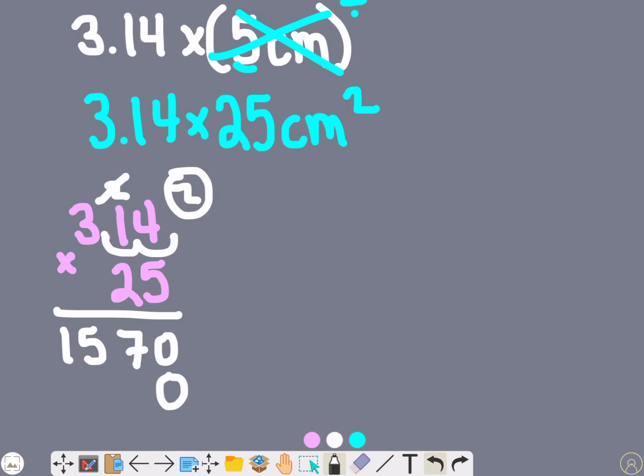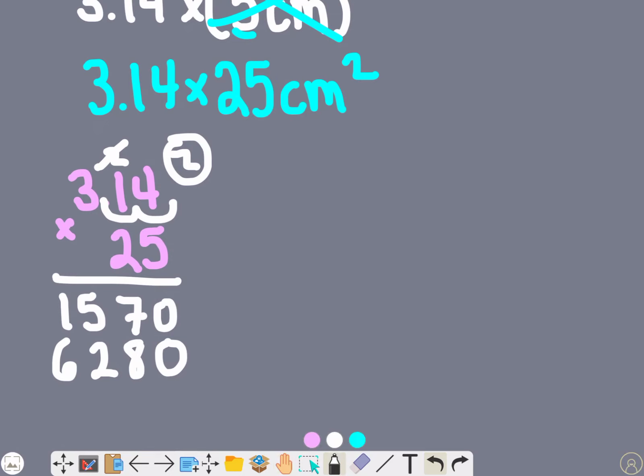2 times 4 is 8. 2 times 1 is 2. 2 times 3 is 6. I'll add together those numbers. 0, 7 plus 8 is 15. Carry the 1. 1 plus 5 plus 2 is 8. 1 plus 6 is 7.